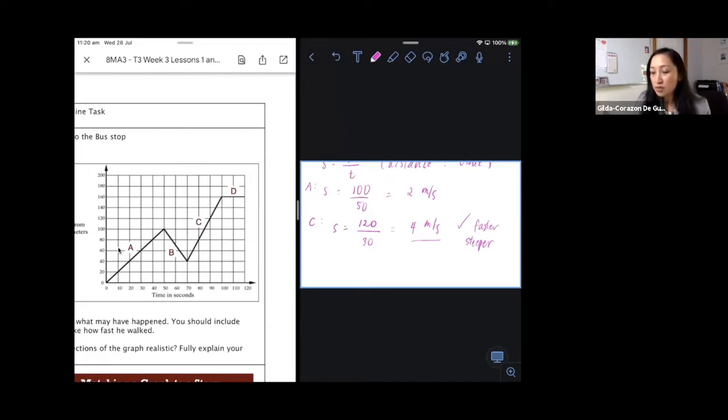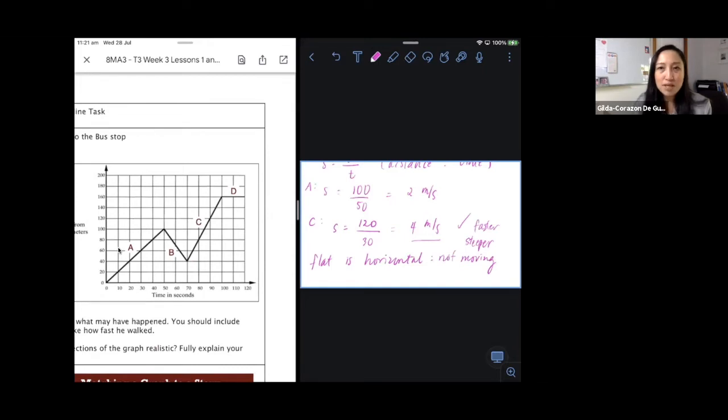Because there wasn't any change in the distance, but there was a change in time, right? It's flat. So flat is horizontal, right? Not moving. 0 meters per second, right? He wasn't traveling at all, right?